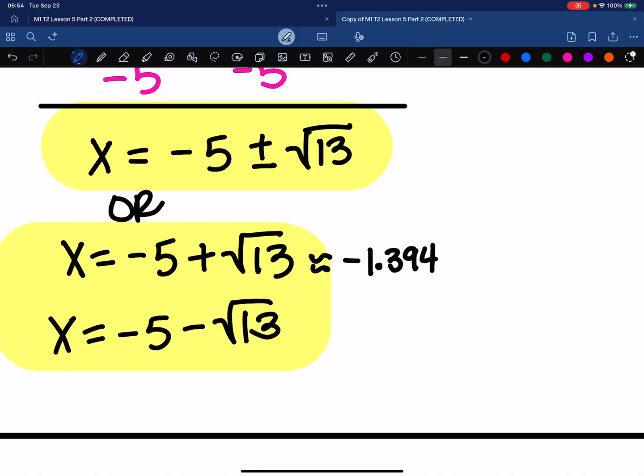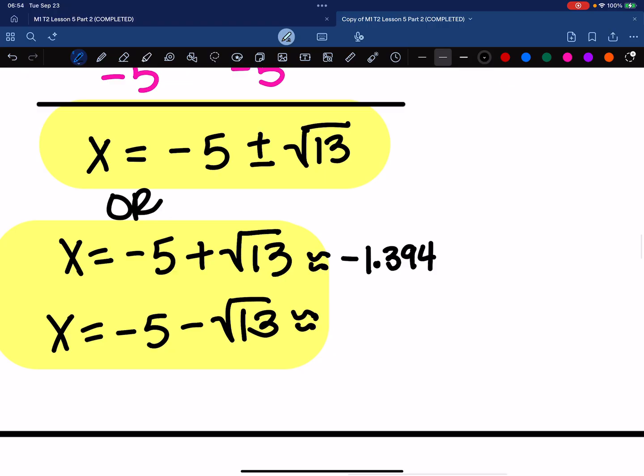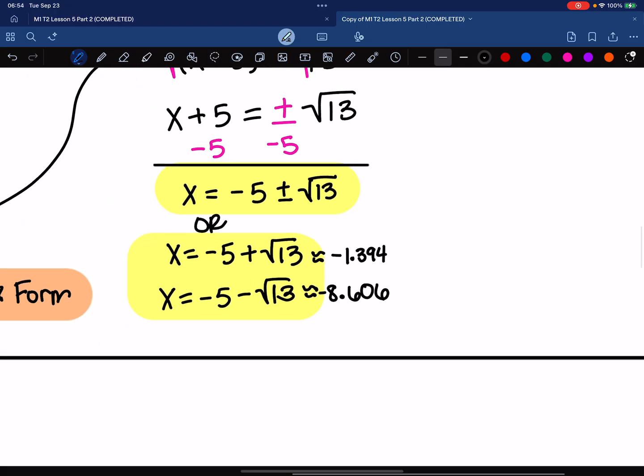Then you could do the same thing, negative 5, but minus the square root of 13. And it gives you the decimal approximation of negative 8.606. So you can type these in if you need a decimal approximation of it. If you were to graph these, you would get the decimal form and not the exact form.